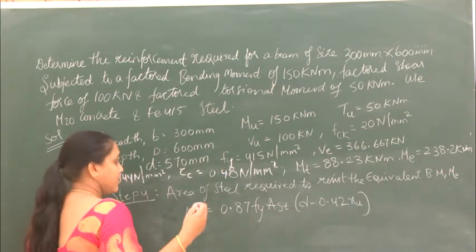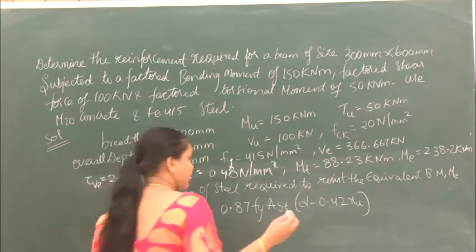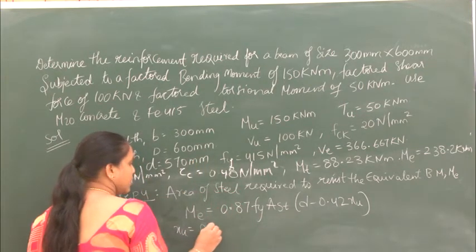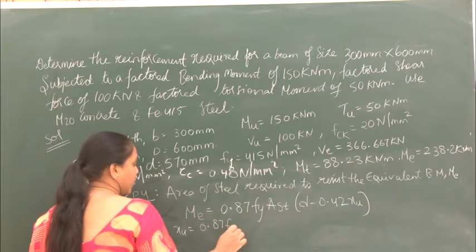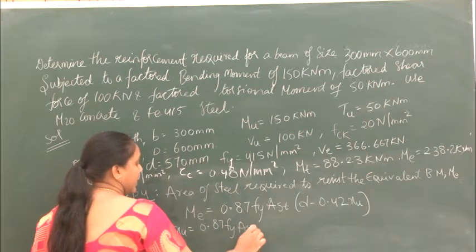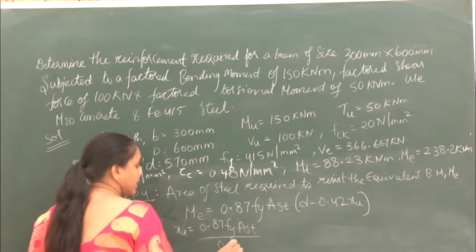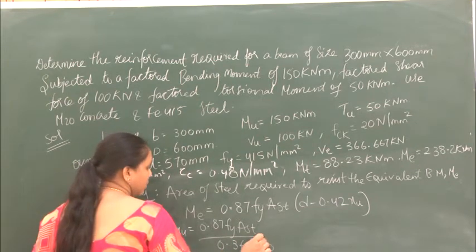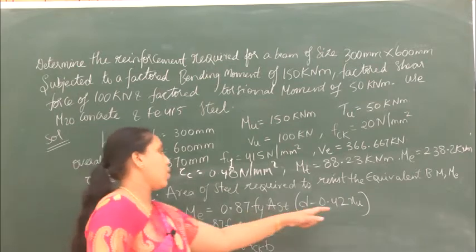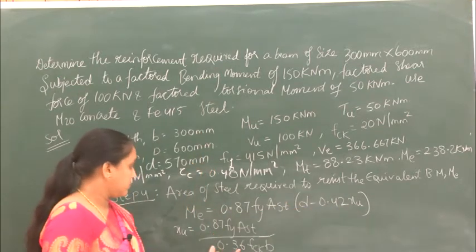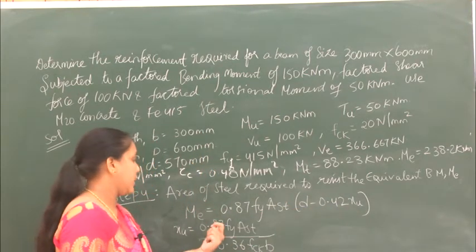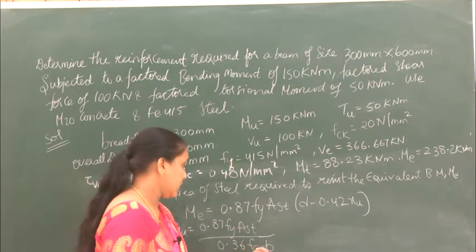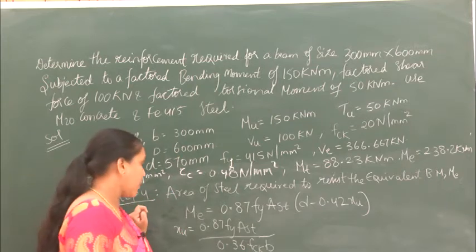In place of Xu you have to substitute Xu, which is 0.87 Fy into AST divided by 0.36 fck into b.